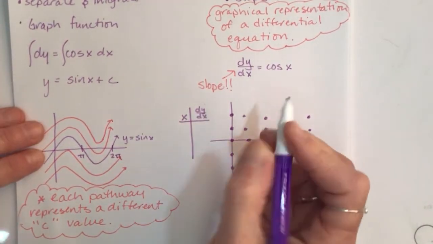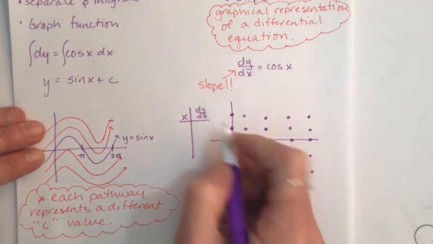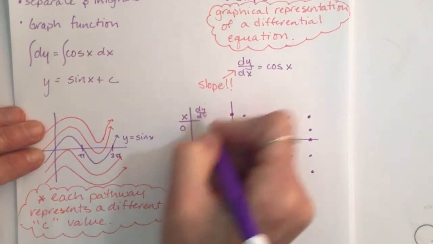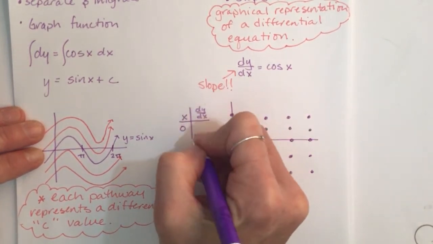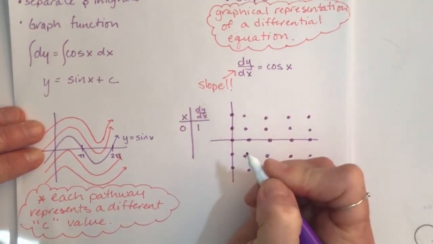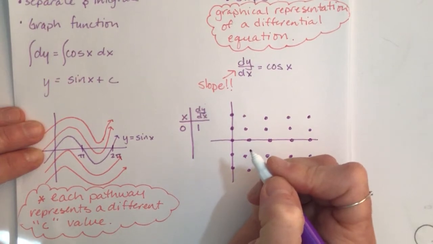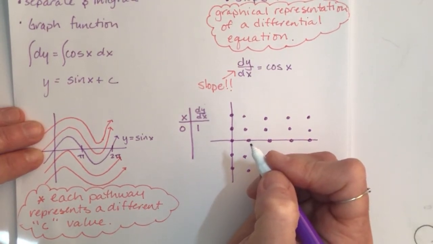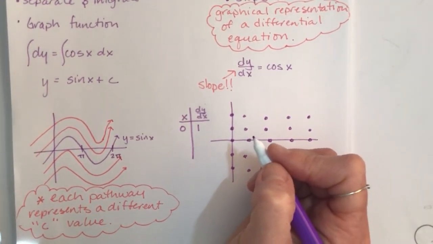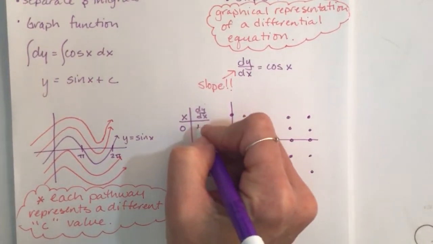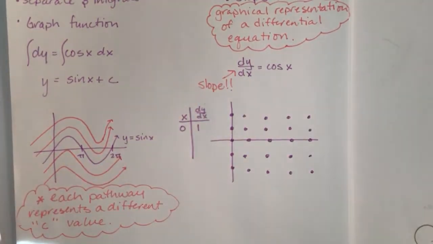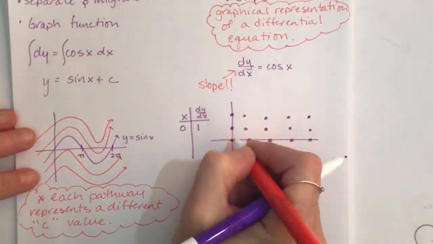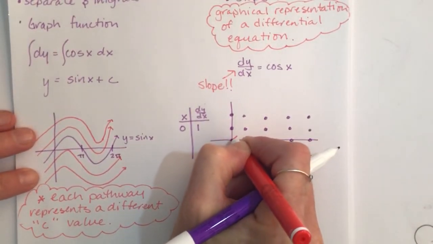So let's say I put 0 in for x. Cosine of 0 is 1, right? So then we can graph that slope of 1. A slope of 1 means a rise of 1 and a run of 1, which is about a 45-degree angle.